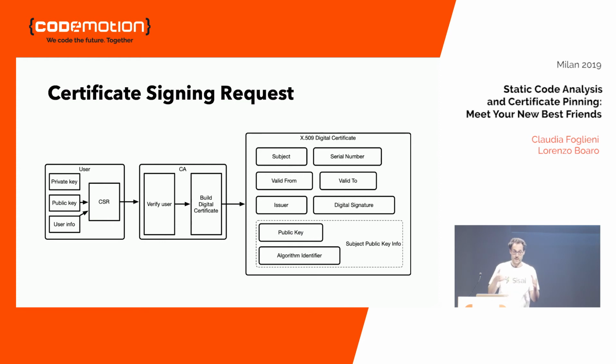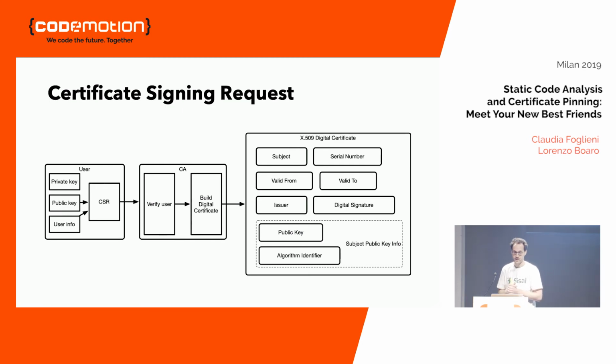This is the step I can do in order to request a certificate. At the end of the request, I will have a certificate that is verified by a certificate authority. In the case of an iOS application, the certificate authority is an intermediate certificate authority, and this is Apple.